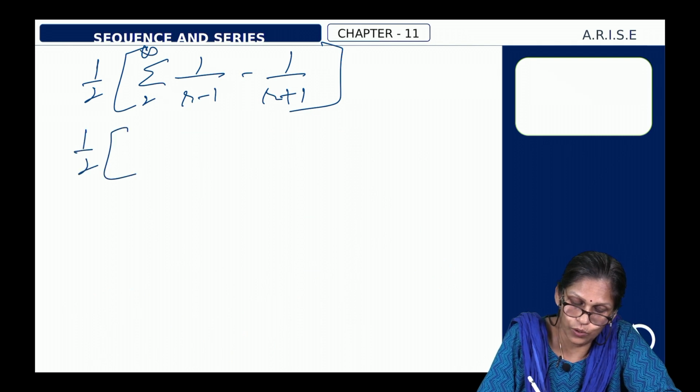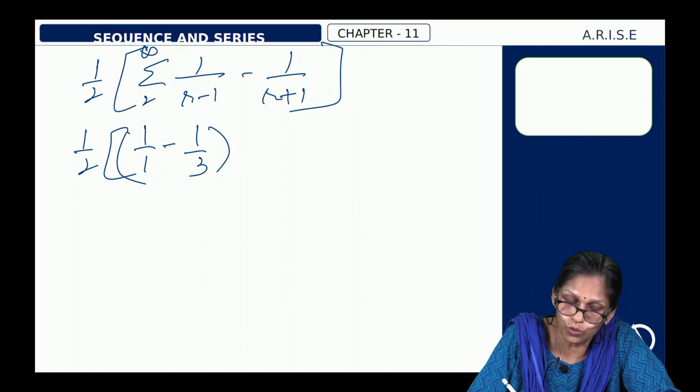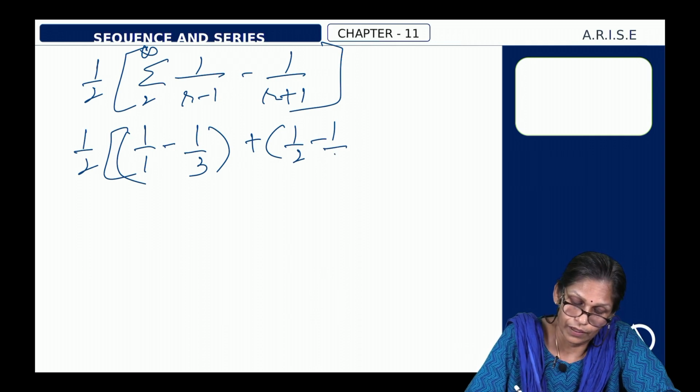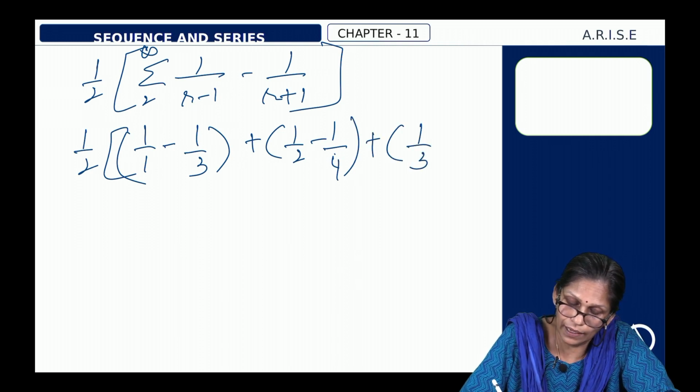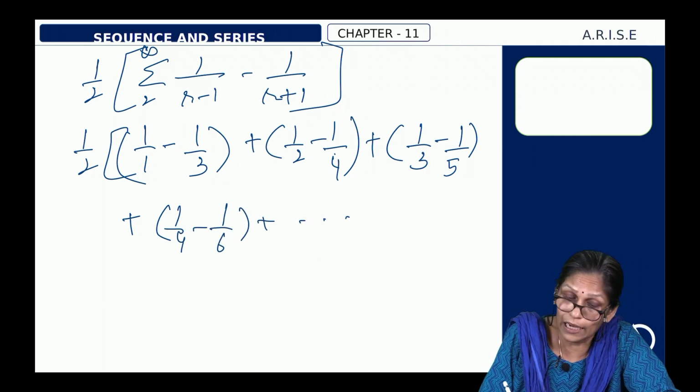This is 1 by 2 into 1 by 1 minus 1 by 3, if I substitute r equal to 2. Then substitute r equal to 3: 1 by 2 minus 1 by 4. Then r is 4: 1 by 3 minus 1 by 5. You have got the trend already. Next would be 1 by 4 minus 1 by 6, and so on, infinite number of terms.